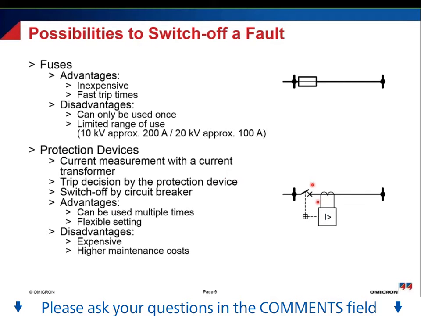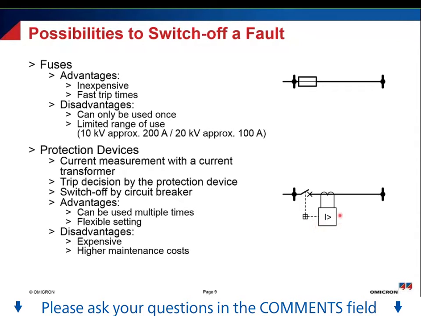And these secondary currents will then be injected into a protection device, which is resembled by this box here. This protection device measures the current and then does the trip decision. So it decides, is there a fault or not? If there is a fault, then it decides, should I trip or not?